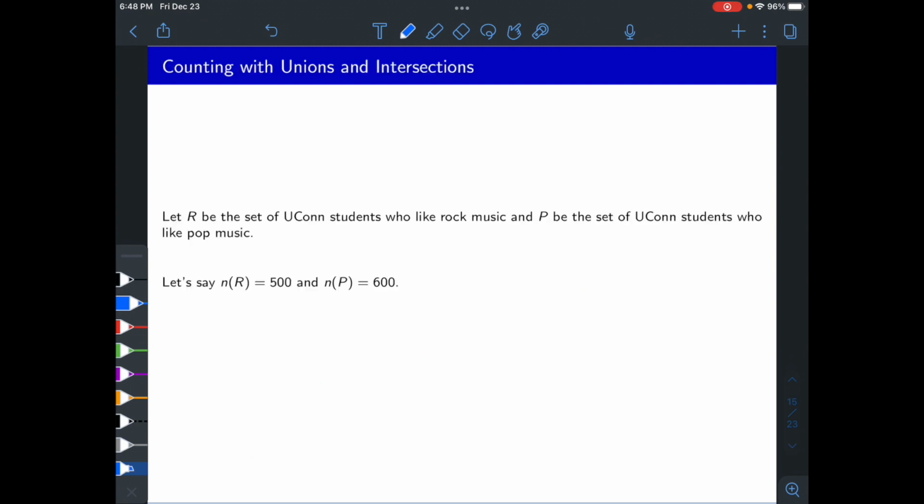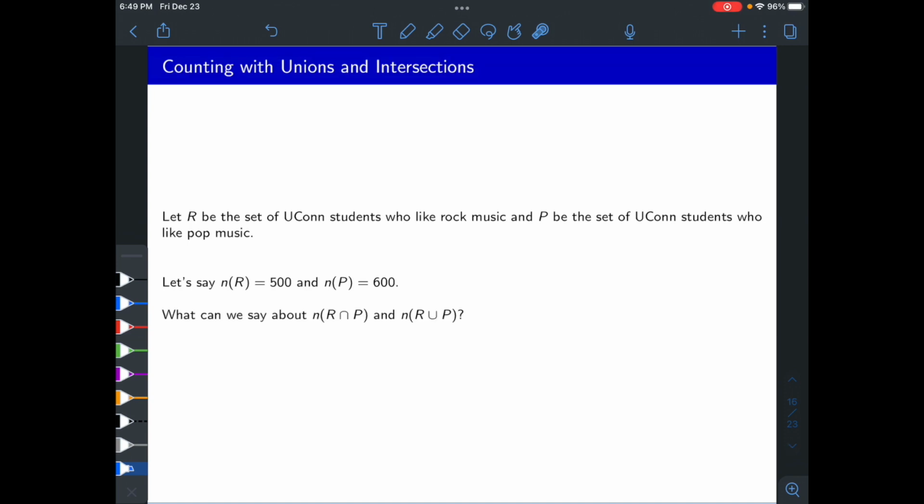Okay, so let's say that we knew how many students like rock music and how many like pop music. Let's say the number of students in the set of students who like rock music is 500. In other words, there are 500 students that like rock, and then there are 600 students that like pop. The number of students in the pop set is 600.